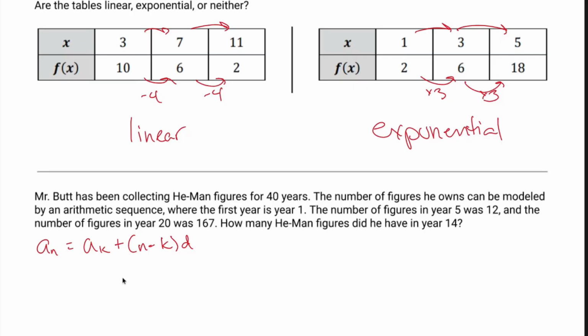So we can take those two points, like pretend that they're in a table. 5 was 12, and 20 was 167.